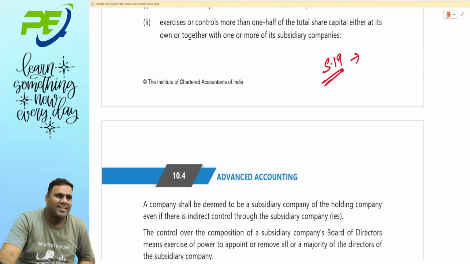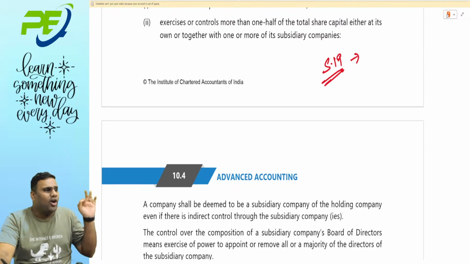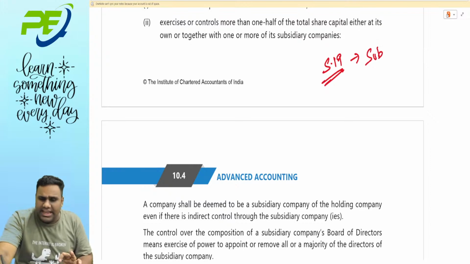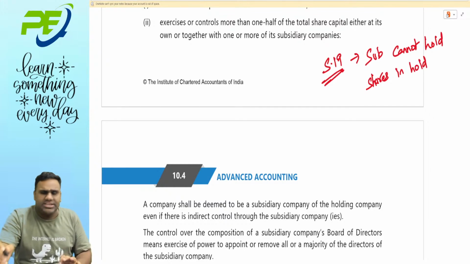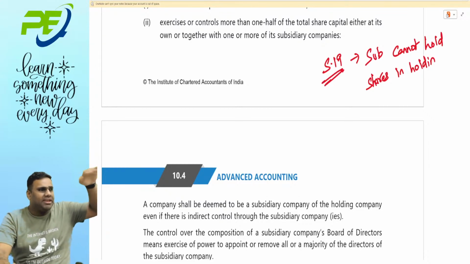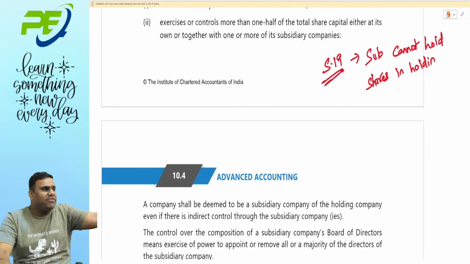Okay, 19. So section 19 of Companies Act 2013 says subsidiary cannot hold shares in holding. Why? Because holding company, will you give instruction to your dad or will your dad give instruction to you?